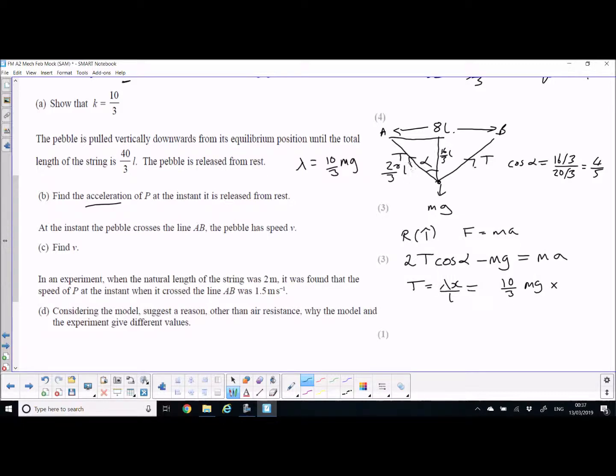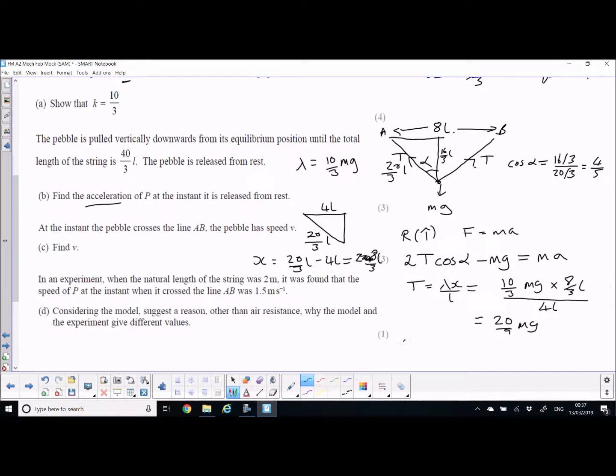So if I just look at one side of the triangle here, I've got natural length 4L, and this side was 20 over 3L, so the extension is 20 over 3L minus 4L, which gives us 8 over 3L. So my extension is 8 over 3L, and my natural length for that half of the string is 4L, and if you simplify that, you'll get 20 over 9 mg.